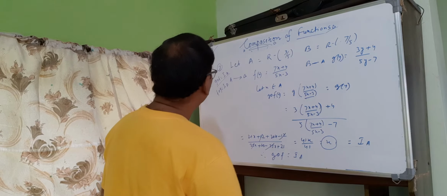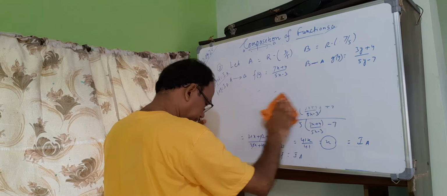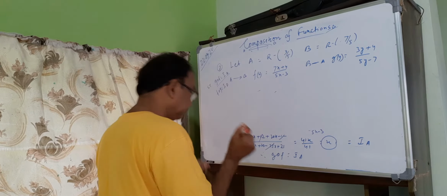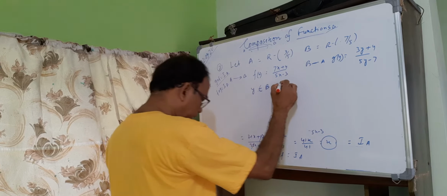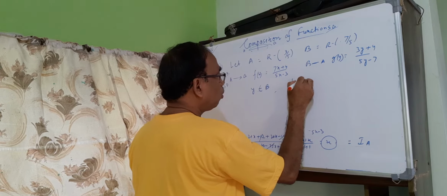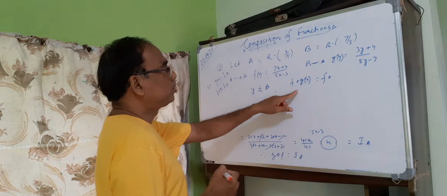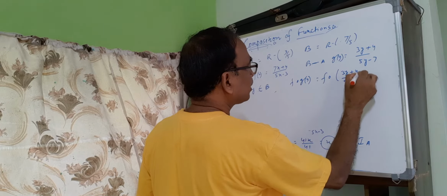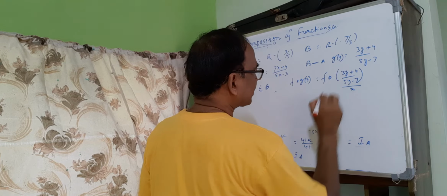Now you have to find fog. Let y belong to B. Then fog(y) equals f of g(y). What is g(y)? It is (3y plus 4) by (5y minus 7), which should be treated as x, that is f(x).